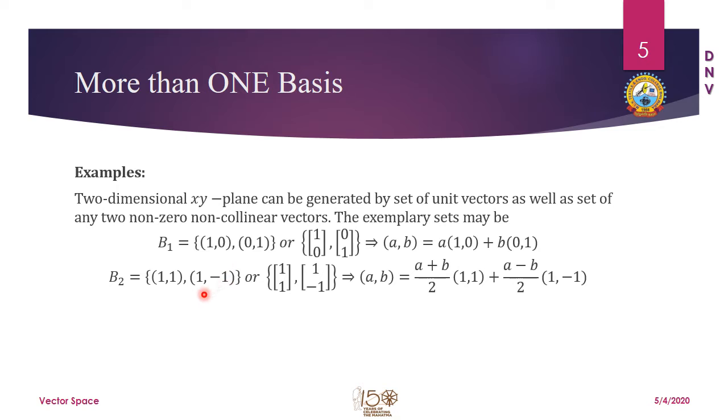For any set to be a basis, it must be linearly independent. So can we represent (1, 1) in terms of (1, -1)? Are these two vectors lying on the same line, or can we say that this vector is a multiple of that vector? You cannot say. So these two vectors are linearly independent.